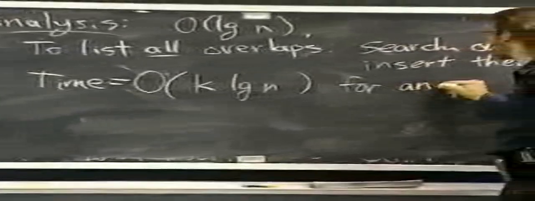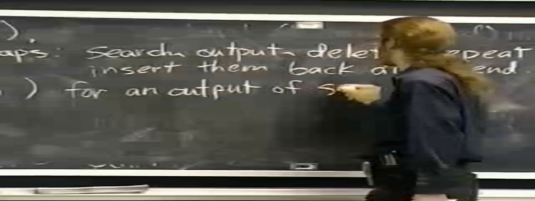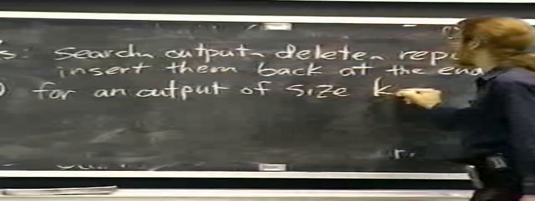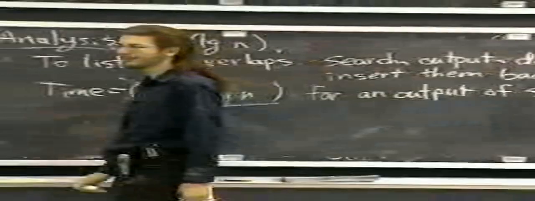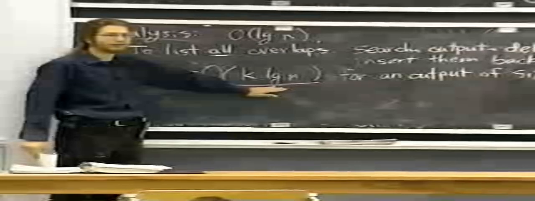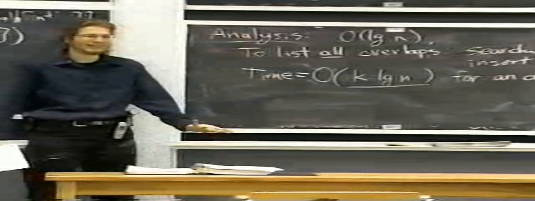So for an output of size k. Okay, I want to rub this in. This is a cool kind of bound. Worst case n log n does not tell you something useful. What's important is that if there aren't too many answers, this runs fast. If there are a lot of answers, it runs slow because I just had to write down the answers. It's going to take me at least k time.